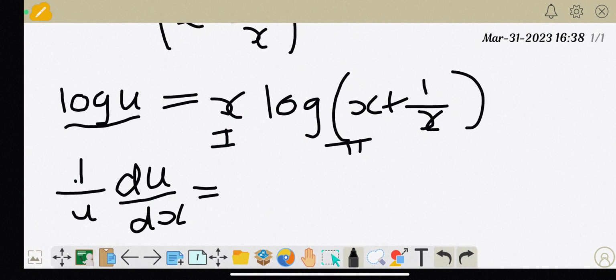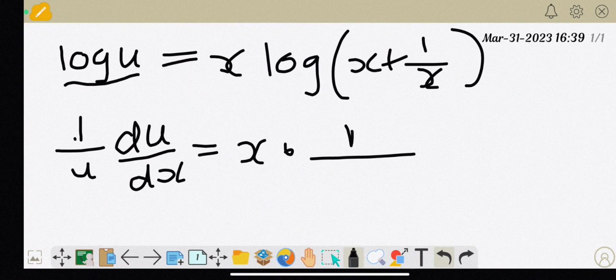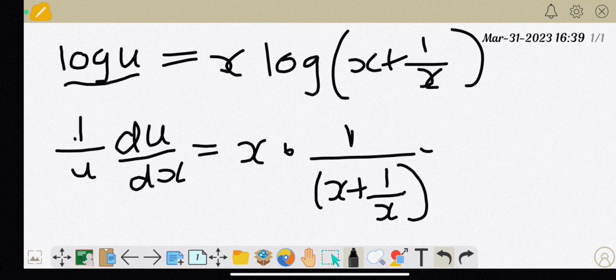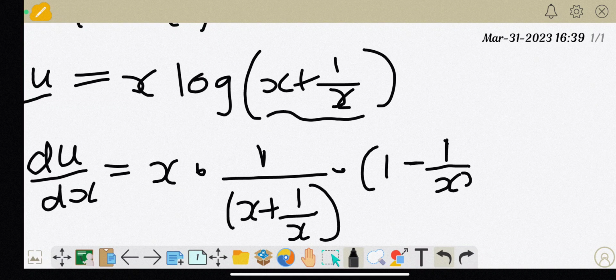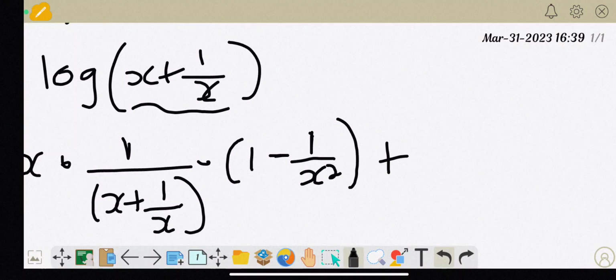So first function, differentiation of second, so differentiation of this is 1 by x, correct? And differentiation of this term, chain rule. So differentiation of x is 1 and differentiation of 1 by x is minus 1 by x square, correct? Plus second into differentiation of first.